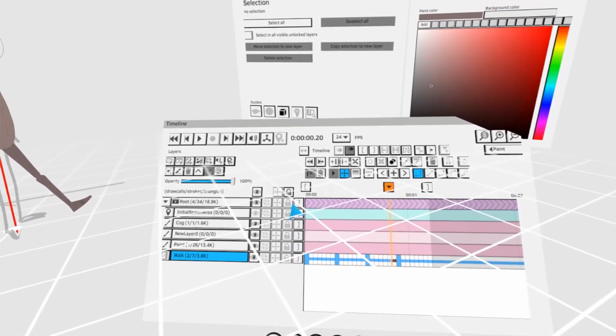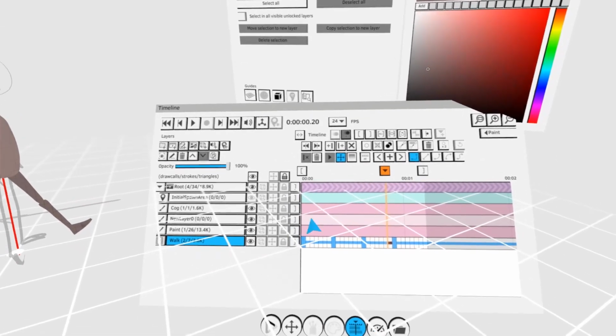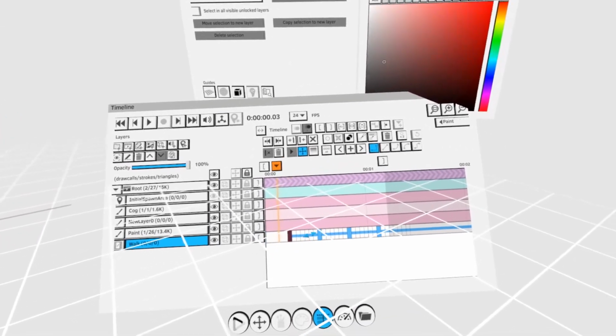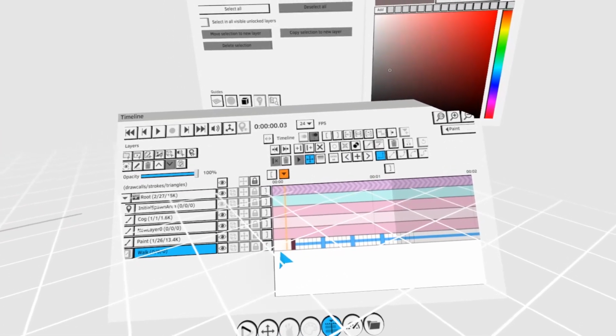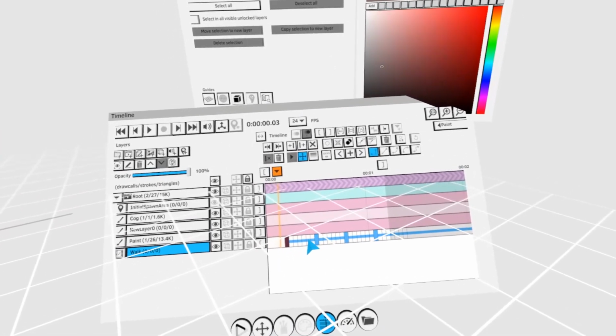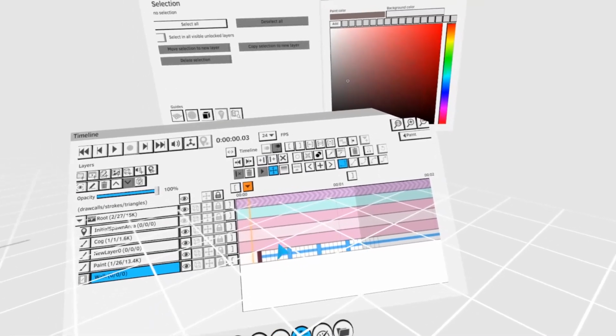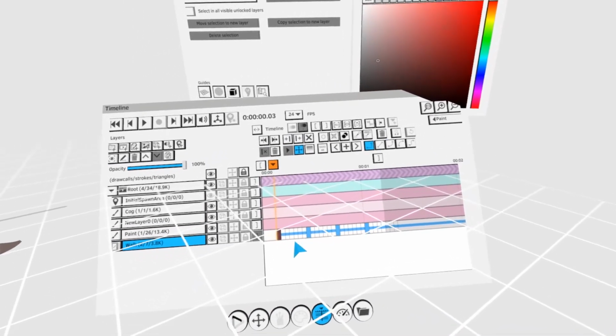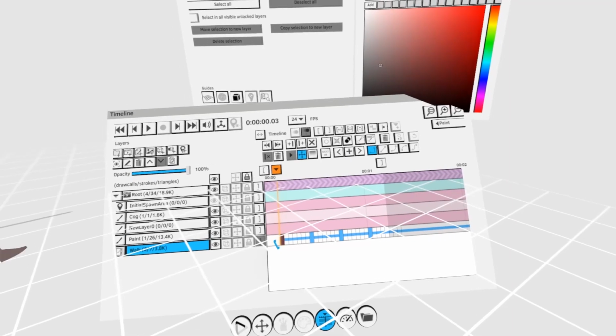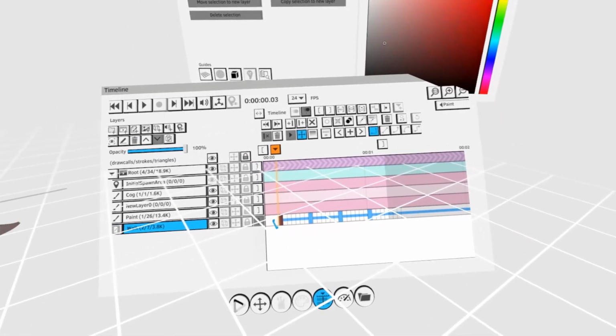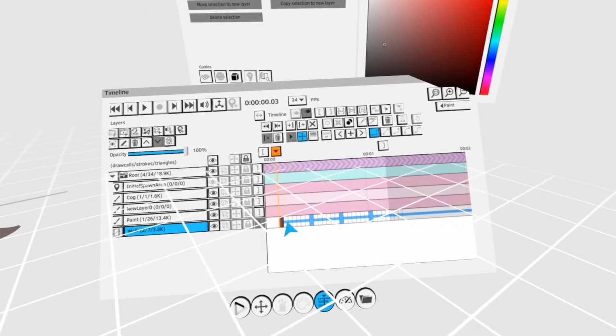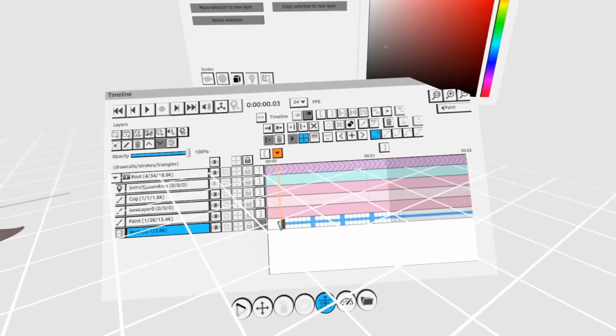If you saw Goro's tutorial on spans, the spans are basically where the drawings are. Your animation is inside of these boxes that are called spans, and these boxes have a beginning and an end, right? So if I hover here, you can see the cursor becomes a bracket.